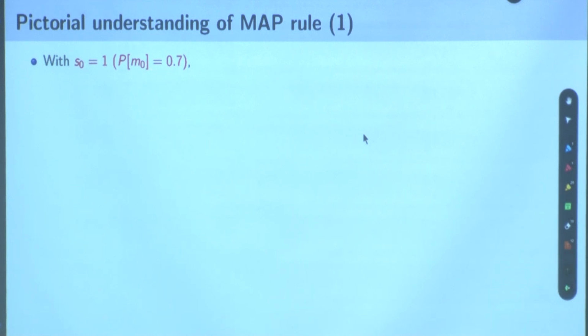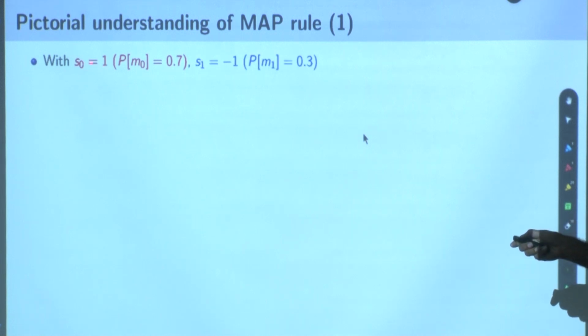Recall that we are considering binary phase shift keying, so there will be only two values, M0 and M1. S0 is 1, and the other value is -1, which is transmitted with a probability of 0.3.